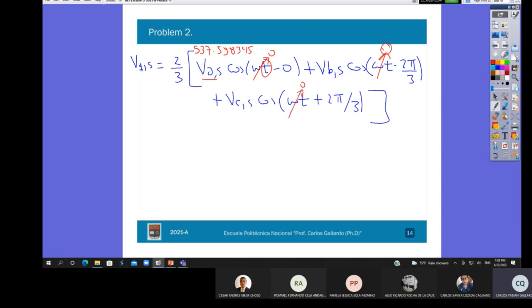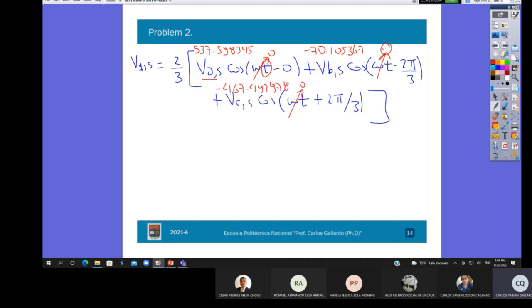For voltage B, I will have negative 70.105369. And for the voltage C, I will have negative 400.67.492978.